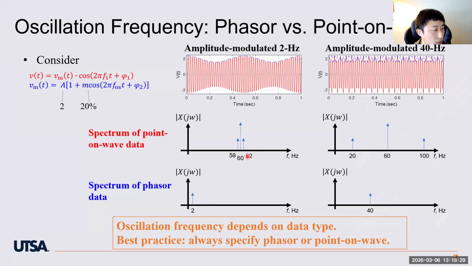If you look at the frequency spectrum of the point-on-wave data, you have 60 Hertz, the frequency of our power system, and you see a subsynchronous component, 2 Hertz below that fundamental frequency, which is 58 Hertz here. And we also have another frequency component, 2 Hertz above.